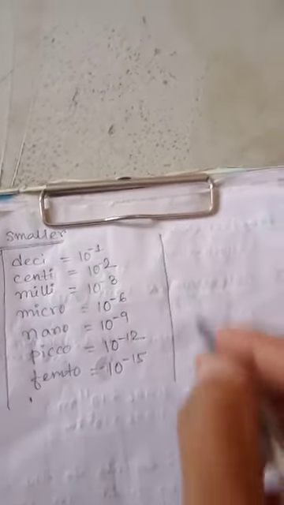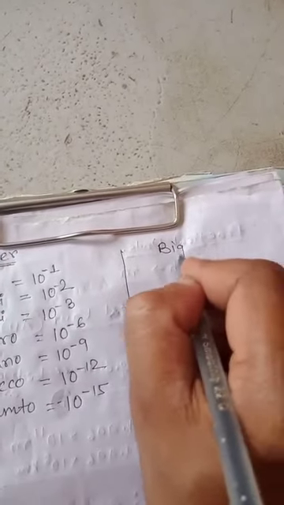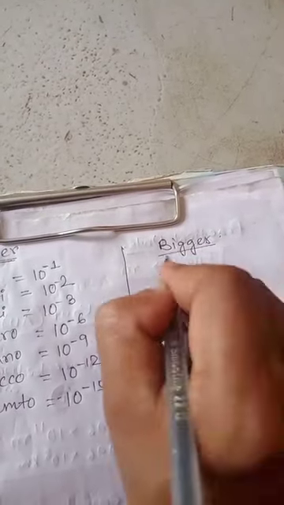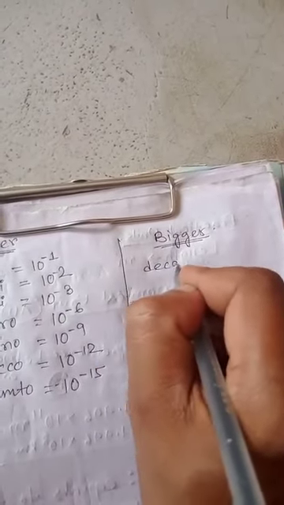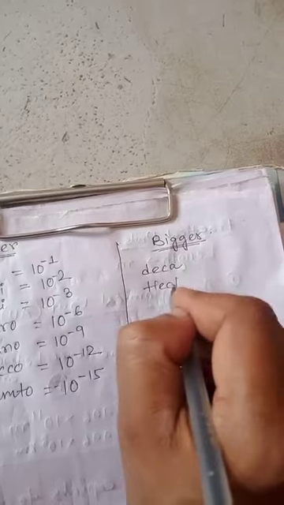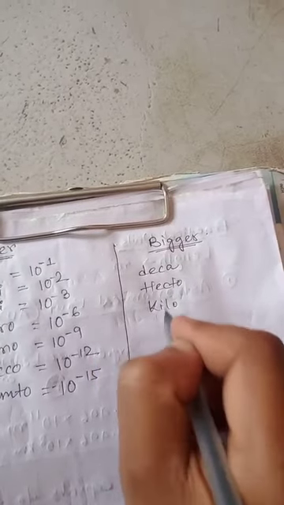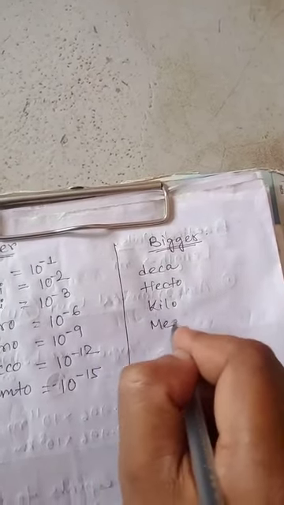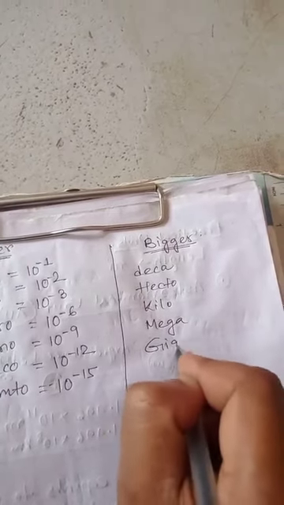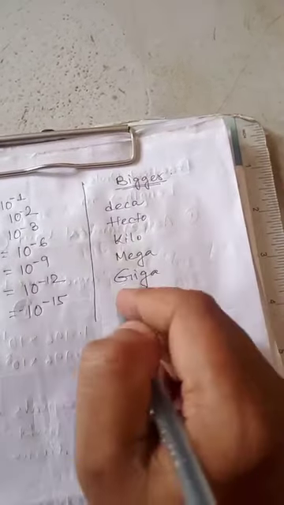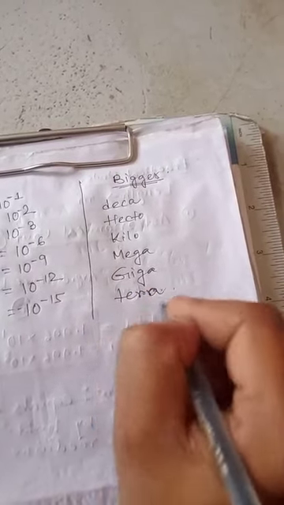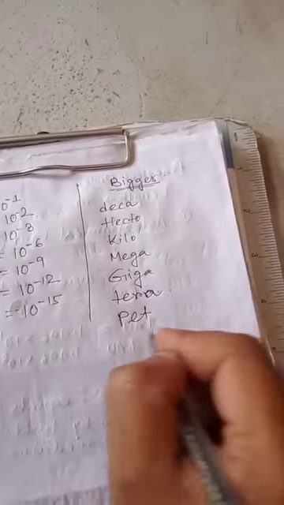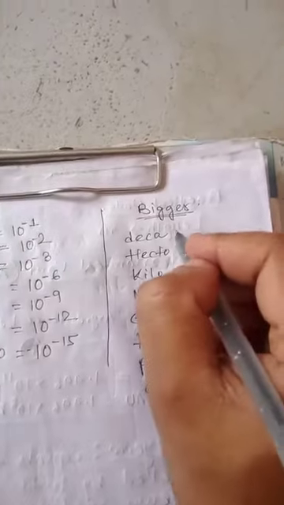For bigger units, we can use them like that. For bigger lengths, we use decameter, hectometer, kilometer, then megameter, giga, and so on, like tera, peta, exa, zetta.